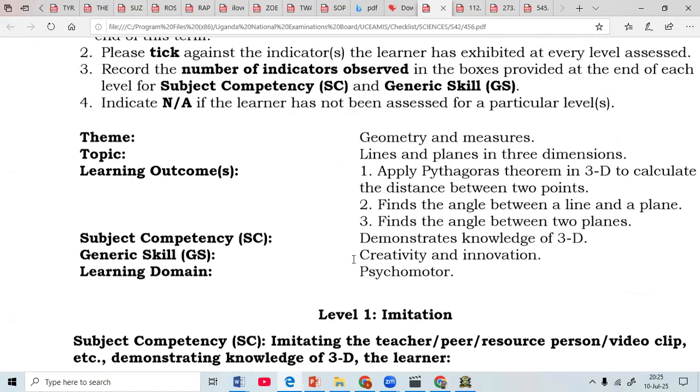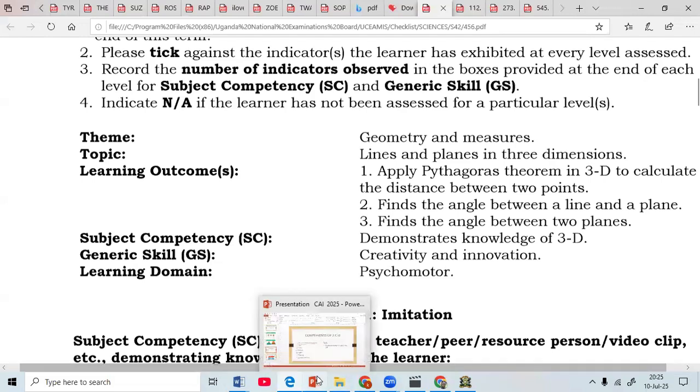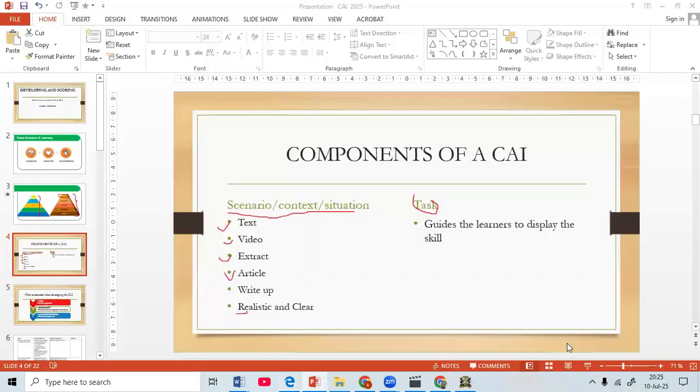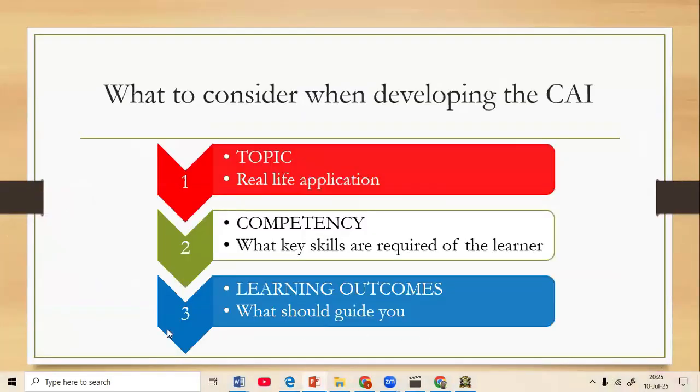You will notice that if someone has to be creative and innovative, this is where now the teacher will look at the learning outcomes, that I want the learner to be able to apply Pythagoras theorem in 3 days. Can I create something that will require the learner to think outside the four-wall classroom, to think outside the box, such that we can be able to attain those particular skills? Now, that is where we are going to go, and that is the direction we are taking.